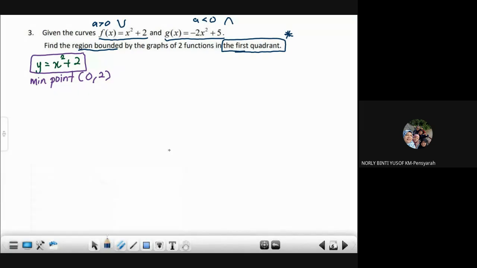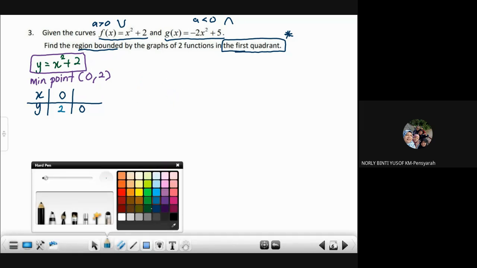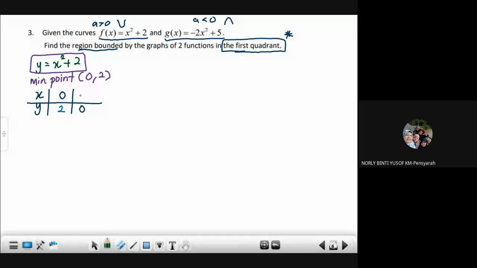Okay, lepas tu sama cari dia punya x and y intercept. Okay, kalau x dia kosong, y dia 2 lah kan. Memang nampak lah. And then kalau you nak cari the x-intercept, kalau you equate lah x squared plus 2 equals to 0, you akan dapat negative 2. Square root tak boleh kan untuk negative 2. Sebab itulah dia tak akan ada x-intercept. So tak ada lah kat sini.